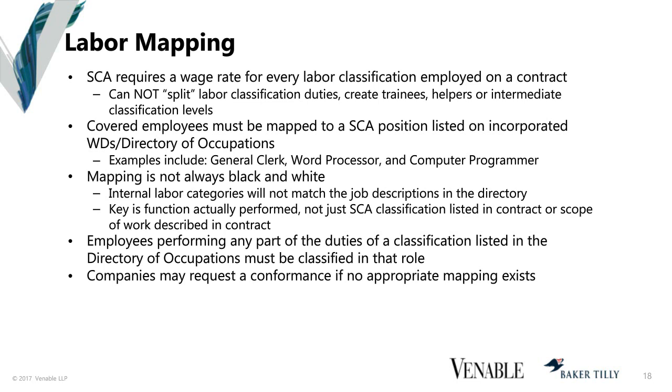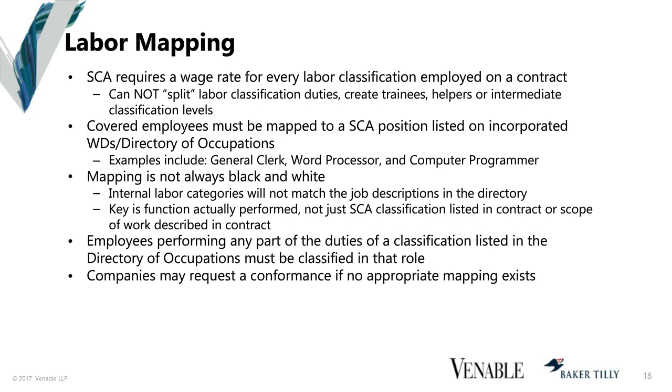You cannot rest solely on what the contract says the person is supposed to do. The Department of Labor is going to ask, what is this person doing on the contract? You may have hired someone as a general clerk level 1, because that's what the PWS tells you the role is, and that was the job description you used for your recruiting effort, and you even give them that title.